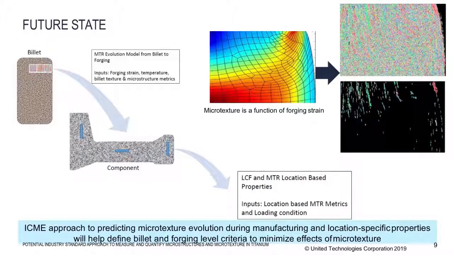And with knowledge of your billet and your forging process, you can now predict what microtexture will be in this given spot. Is it detrimental? Do we have to add more forging strain? Do we have to give it a faster cooling rate to give it better tensile properties? So ideally it's part of the ICME approach that we've been working towards under these MAI programs.